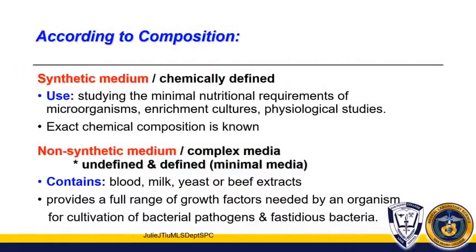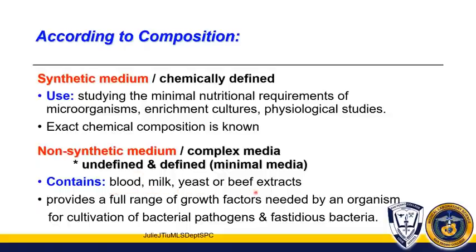Culture media may be classified into several categories depending on their composition or use. A chemically defined or synthetic medium is one in which the exact chemical composition is known, while a non-synthetic, complex, or undefined medium is one in which the exact chemical constitution is not known.